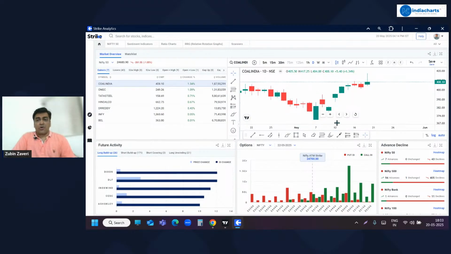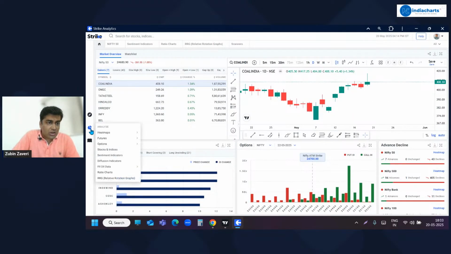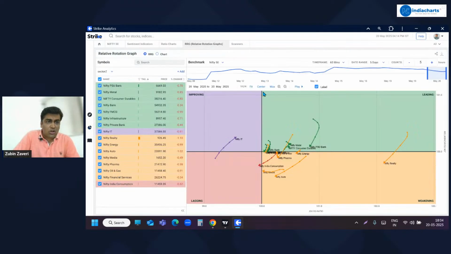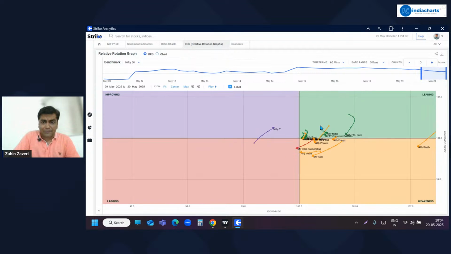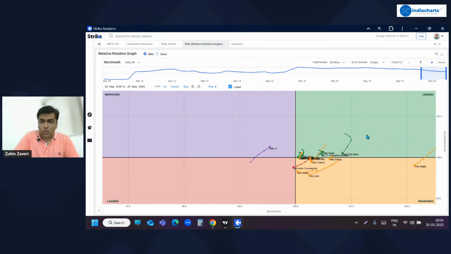Now on the home page, there are three buttons on your left hand side. On the second button, your analyze section, the last option given is RRG. Once you click on RRG, something like this comes up. So what is this? There are basically four quadrants.